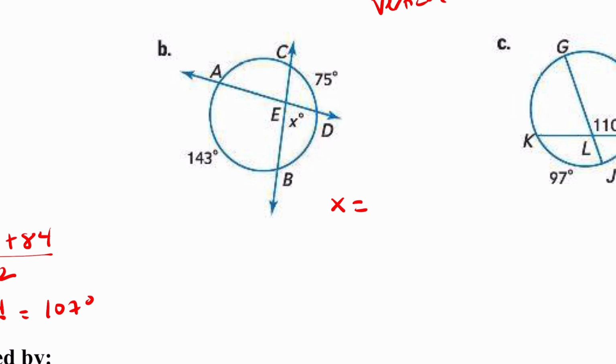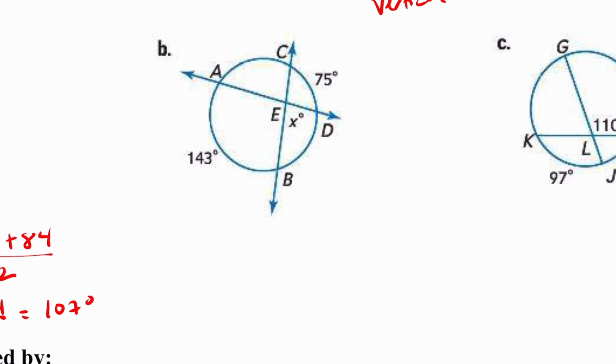We don't know what the measures of those two arcs are. So I have to come up with a plan. I see that we have the measure of this arc and the measure of this arc, and this angle is associated to this arc, and we can also say it's associated to that arc as well.